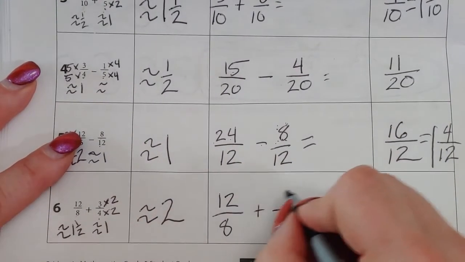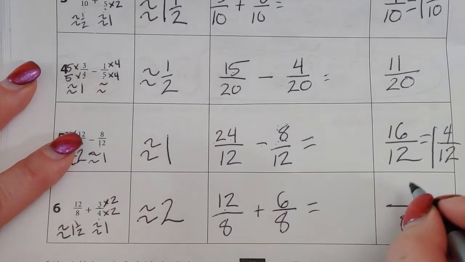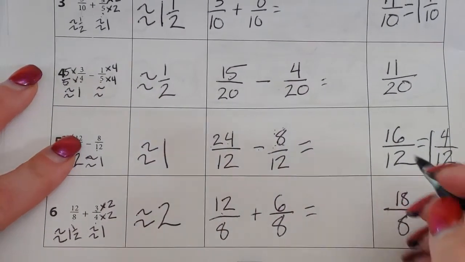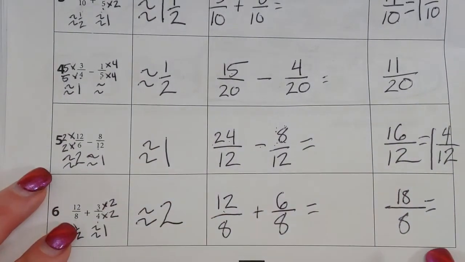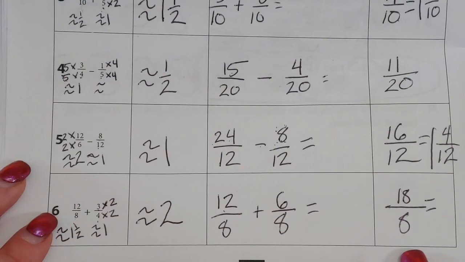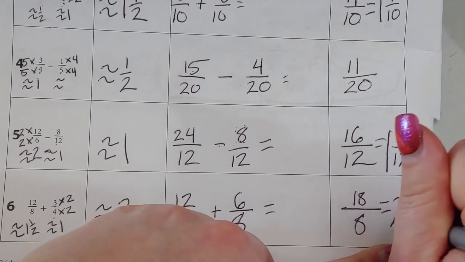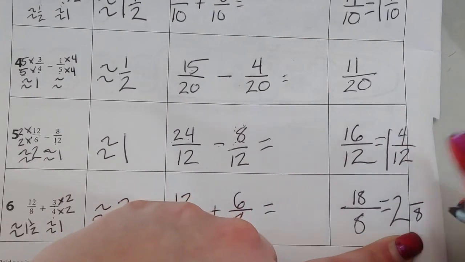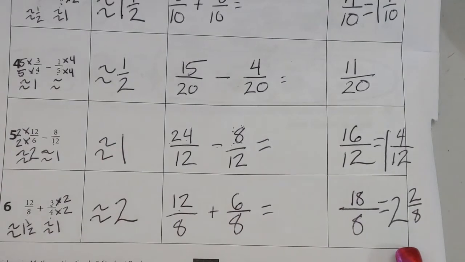So 3 times 2 is 6. 12 plus 6 is 18. Well, I know if I double it, it gives me 16. So 2 and 16, 17, 18. 2 and 2 8ths.